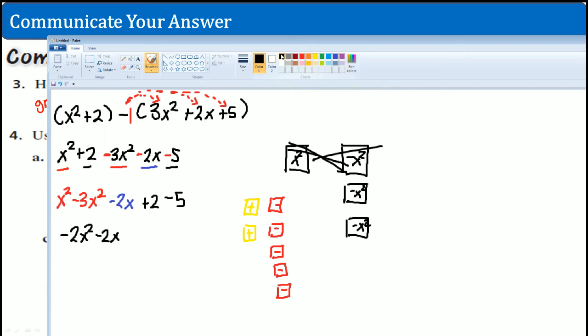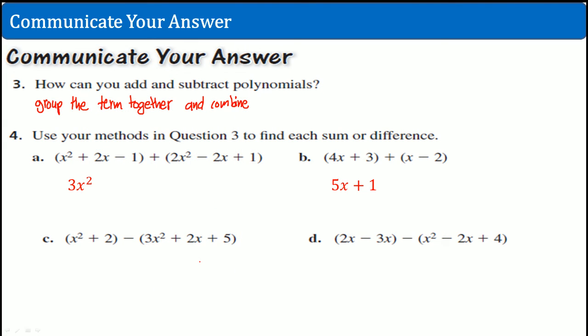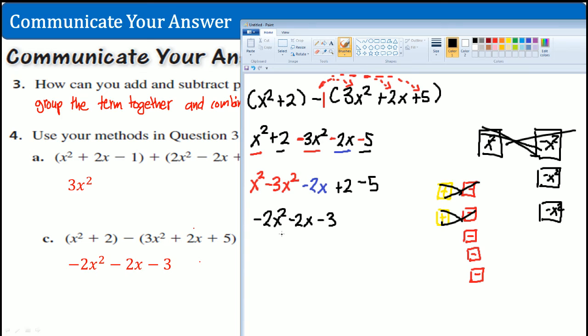These two cancel out. These two cancel out. What you're left with is a minus 3. So I have negative 2x squared minus 2x minus 3. Let's see if we are right. We are correct. Yep, good.